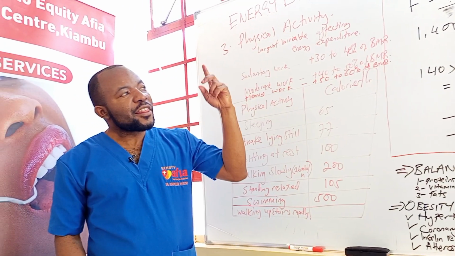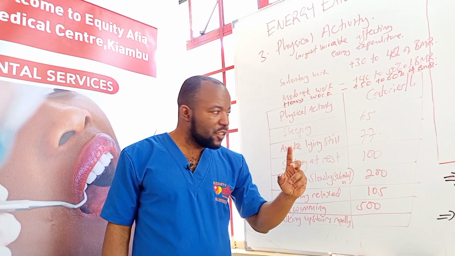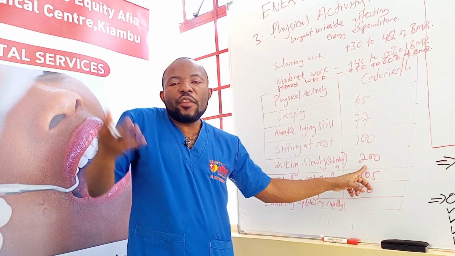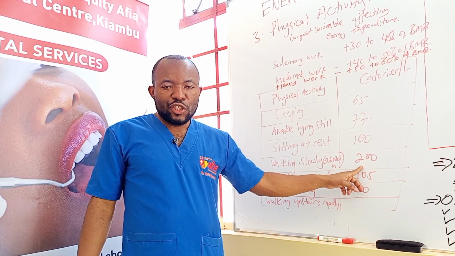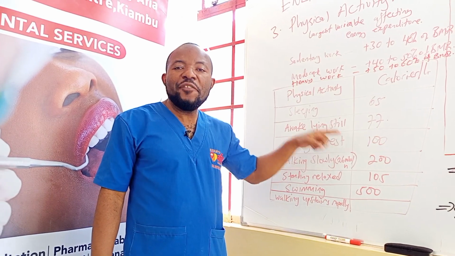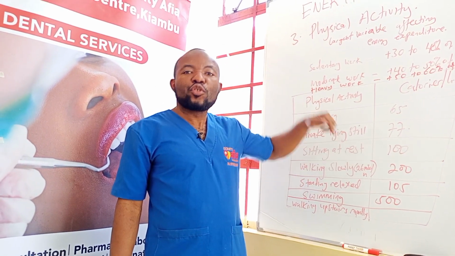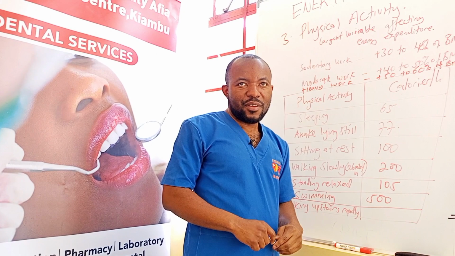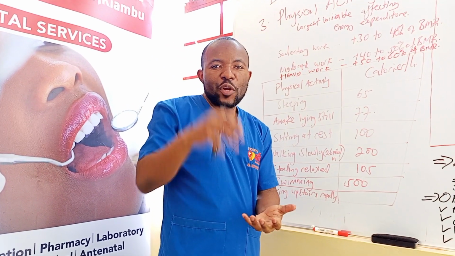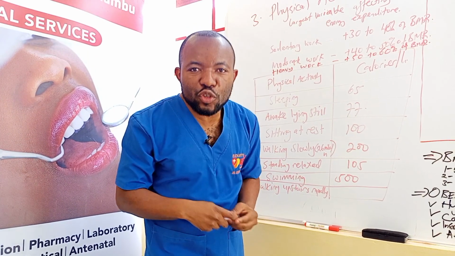You took in 3,400. You're going to lose only 200. You still have more than 3,000. So you shouldn't depend on walking in the evening to lose your weight. You should depend on how you arrange which type of food on your plate to lose your weight.